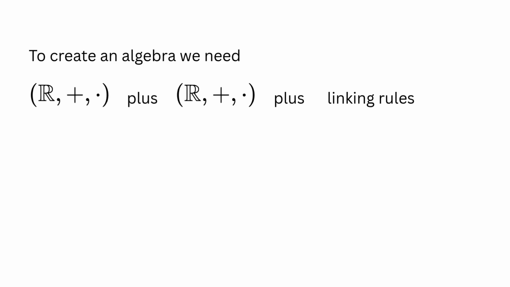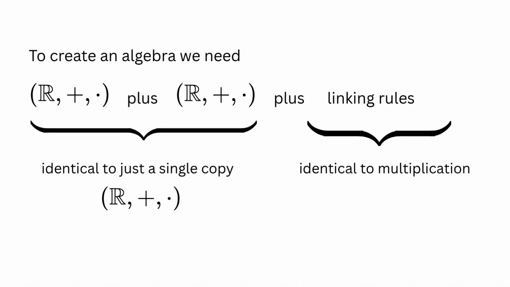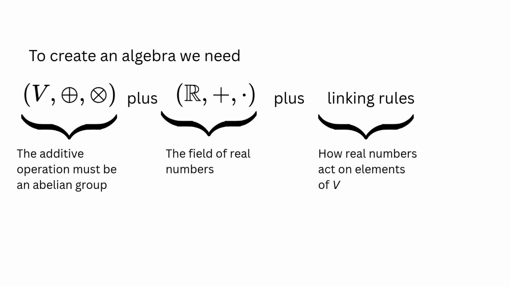Unfortunately for the real numbers, the second set is a copy of the set of real numbers with the same addition and multiplication. The two sets do create an algebra, but it is impossible to differentiate this structure from just the field structure. The simplicity of the real numbers hides the complexity of the algebra. To uncover it, we must necessarily define it in another set and then return to the real numbers to fully understand how it is hidden.